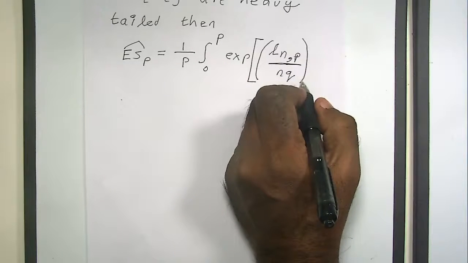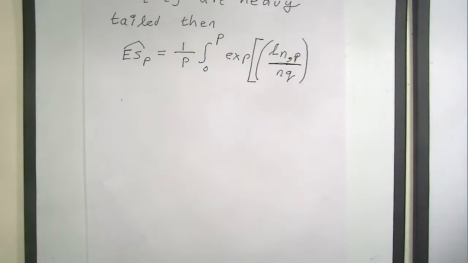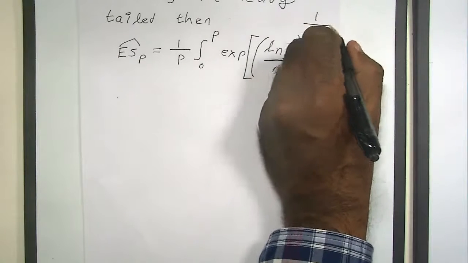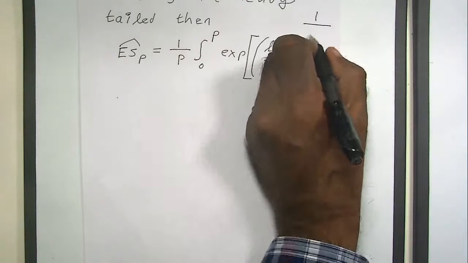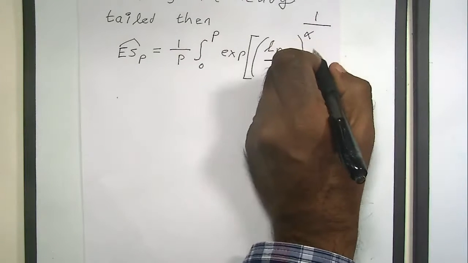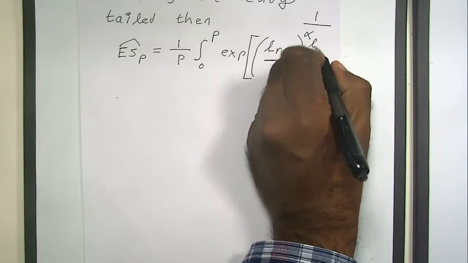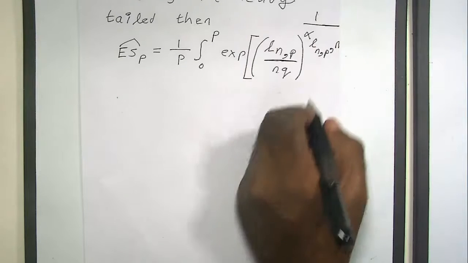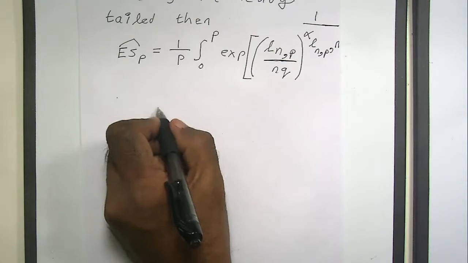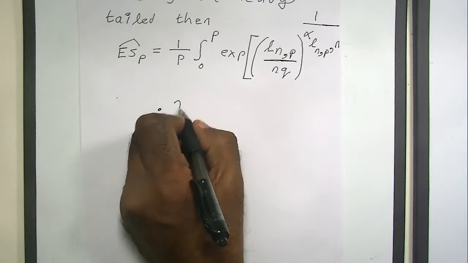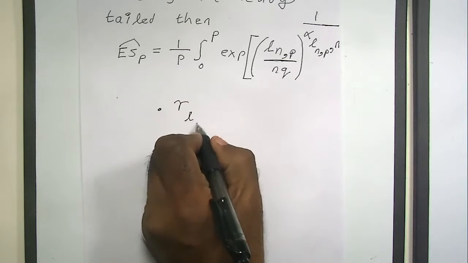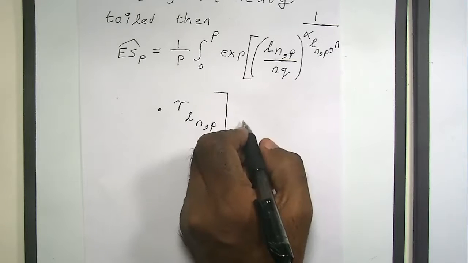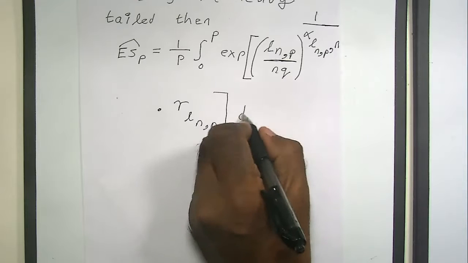Just give me a second, it's going to be a big nasty expression. 1 divided by alpha, and the whole thing multiplied by R L N P. You don't need to write this down, guys, because I will, as always, post this online after the class.